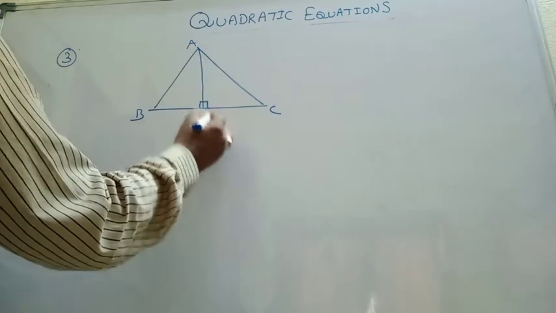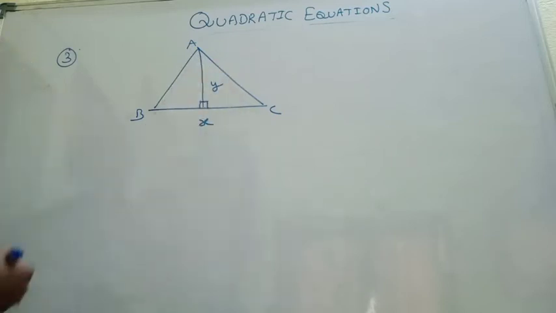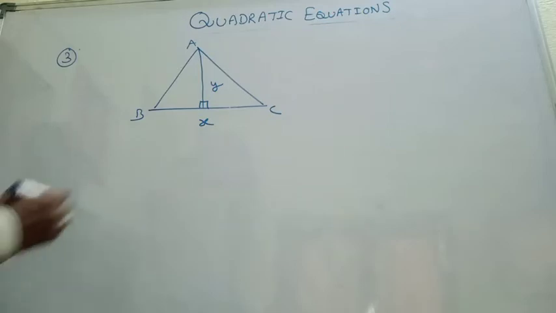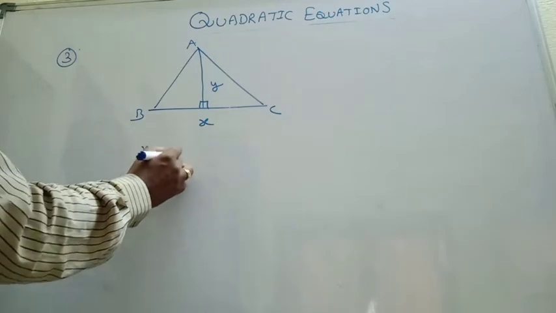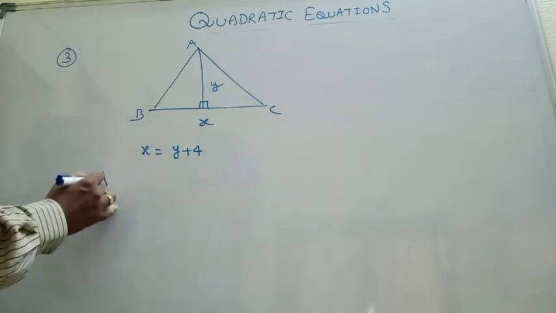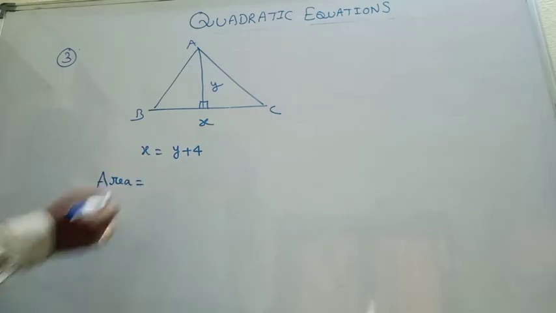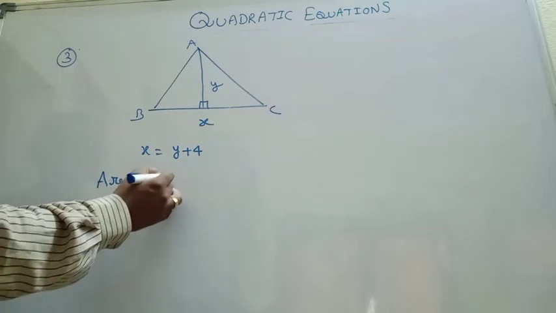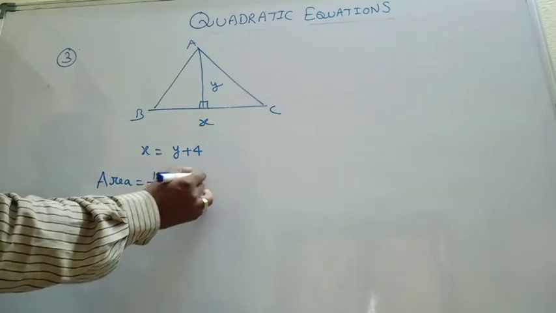If you take x as the base and the height as y, the base of a triangle is 4 centimeter larger than its altitude. Now area of the triangle is equal to half into b into h, half bh.